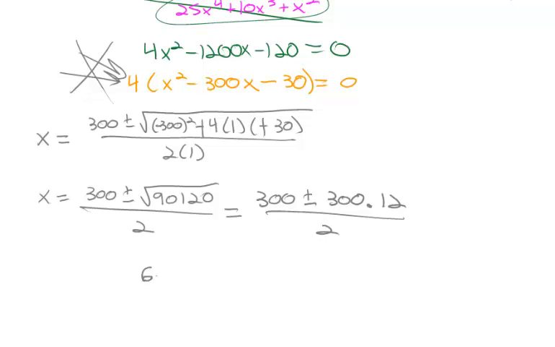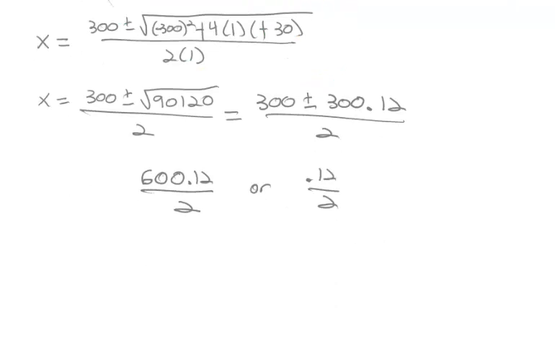So when we add, we get 600.12 over 2, and when we subtract, 0.12 over 2. Dividing by 2, we get 300.06 or 0.06. So the minimum average cost occurs at either about 300 items or 0 items.